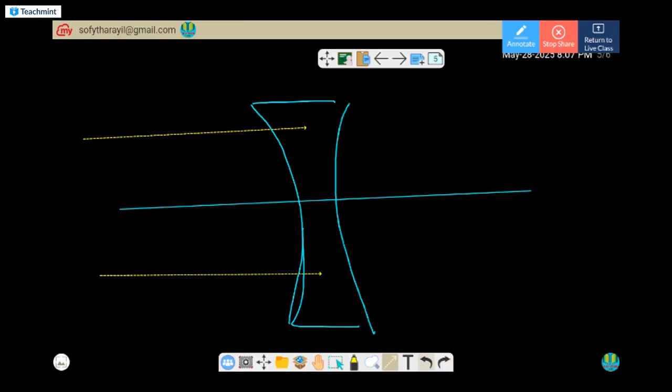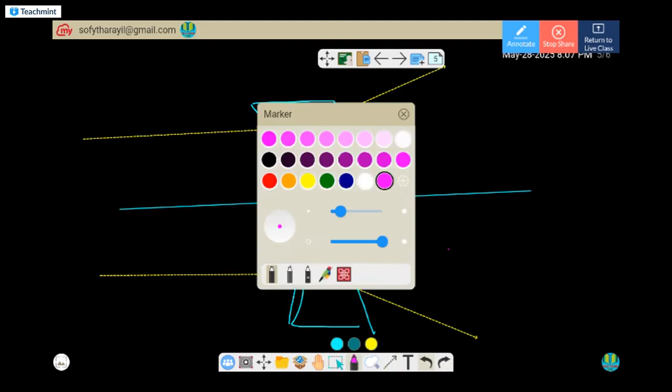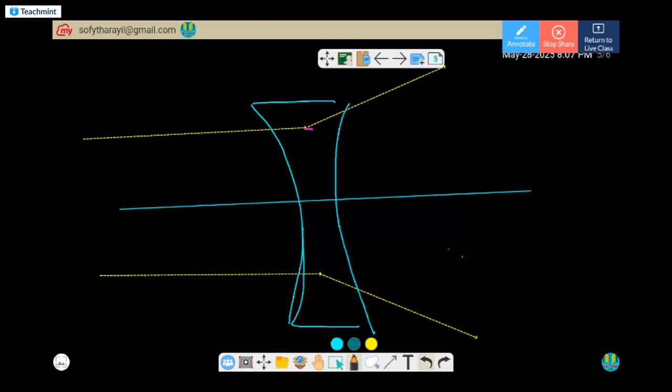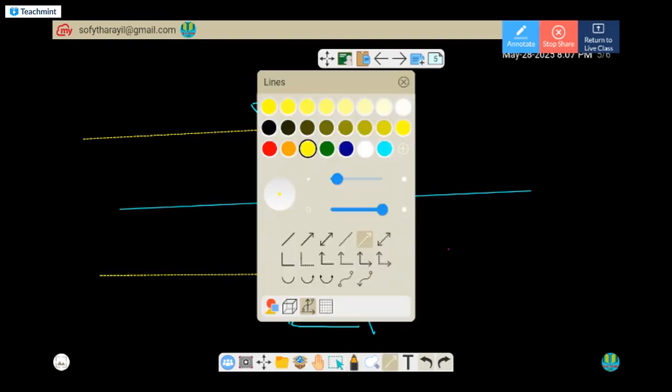So what it will do, technically in reality, they are getting away. So this will go away like this. But if you would have tried to trace them, okay, which line are you going to trace back? The diverted lines. Or let me use a different color to make it more clear.